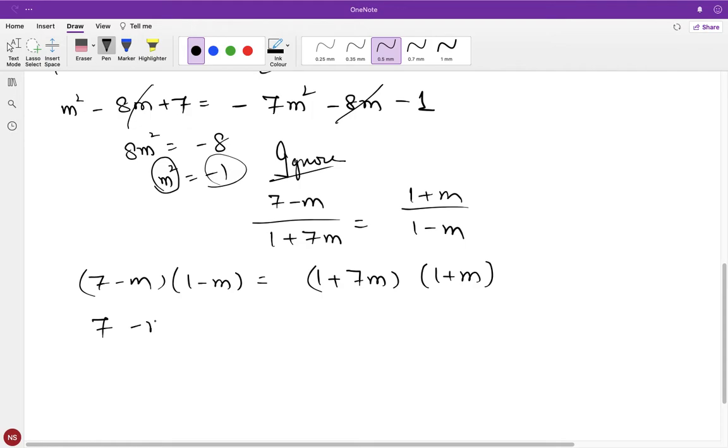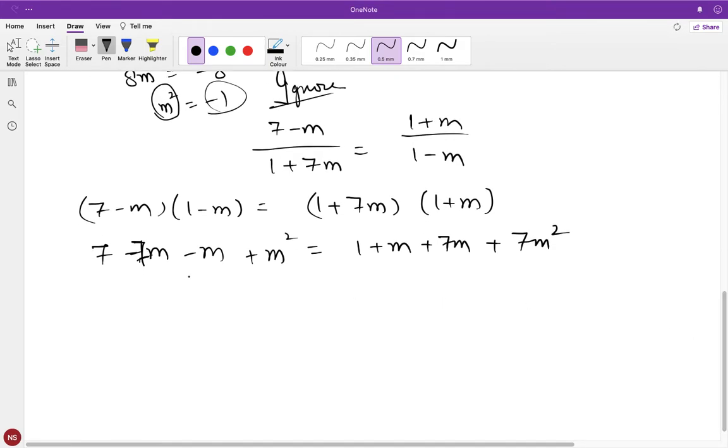So 7 minus 7m, sorry, 7 minus 7m minus m plus m square is equals to 1 plus m plus 7m plus 7m square, right? So m square minus 8m plus 7 is equals to m square, 7m square, sorry, plus 8m plus 1.